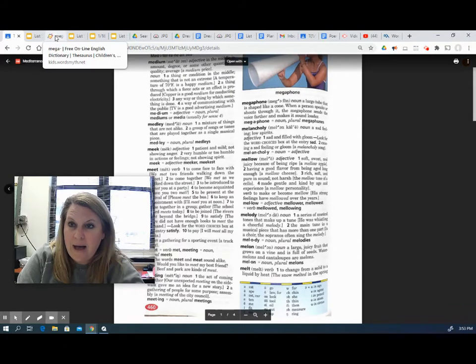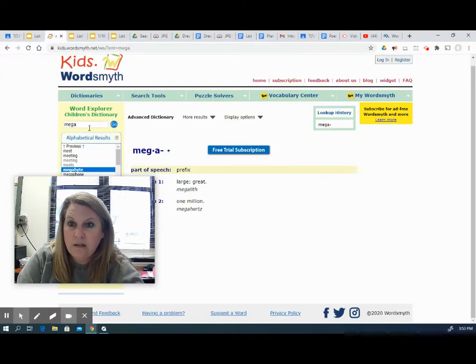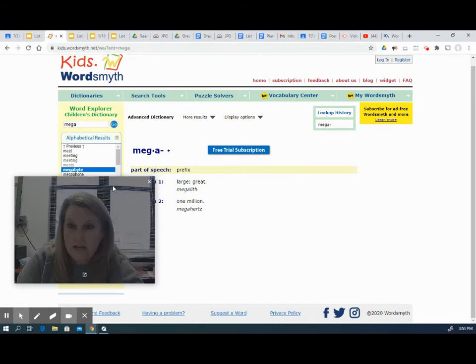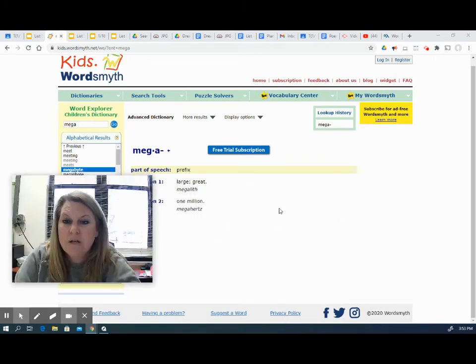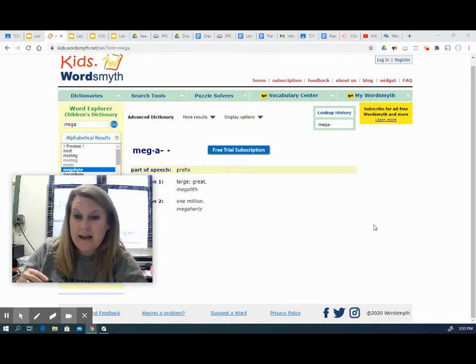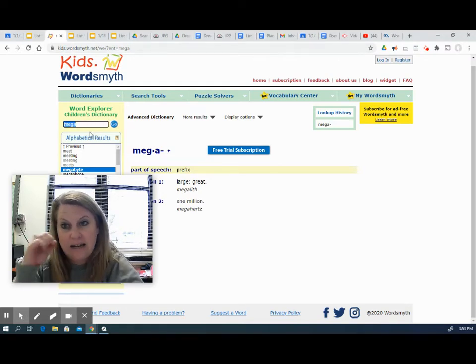So we're going to have to go back here to the online dictionary. And yes, you could type mega, but you're still going to get megabyte and megaphone, which are already example words. So guys, honestly, I had to Google words that have mega in it. And then I came back here and did a search to see if the definition of the word had the definition of the root in it.